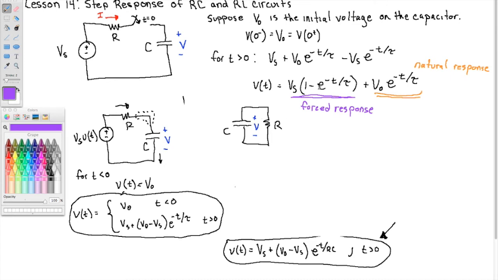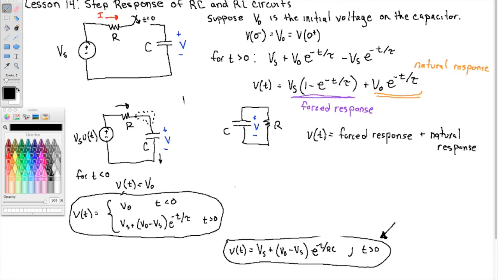The forced response is what the voltage source Vs is forcing the capacitor to do, right? And so the total voltage is the forced response plus the natural response.